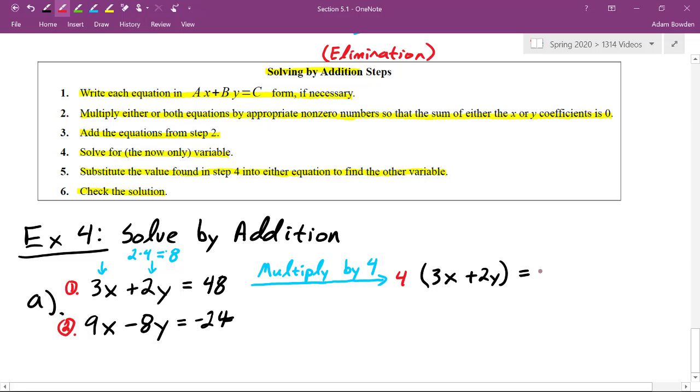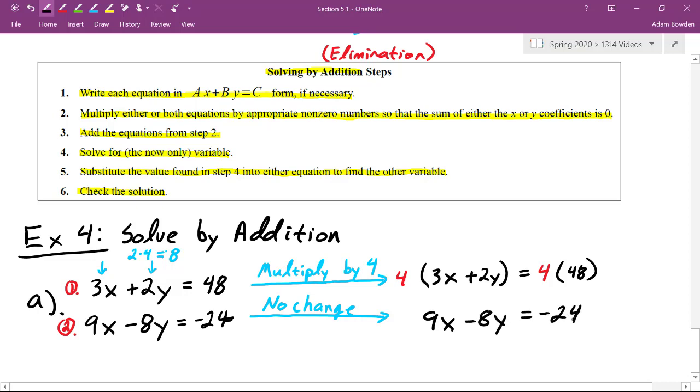So we multiply one side by 4. We multiply the other side by 4. The second equation I'm not going to do anything to. There will be no change to it. So we're still going to have the 9x minus 8y equals negative 24.